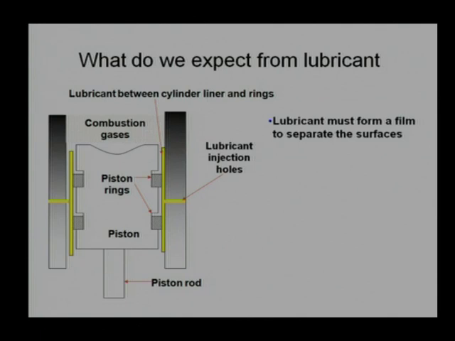So, that is not desirable. The lesser the friction, the better the results, and for that reason we want to separate the metal contact as far as possible. If it is not possible, then we can think about materials which show a very low coefficient of friction even in the absence of lubricant. So, the first requirement from an IC engine lubrication mechanism is that the lubricant must form a film to separate the surfaces.